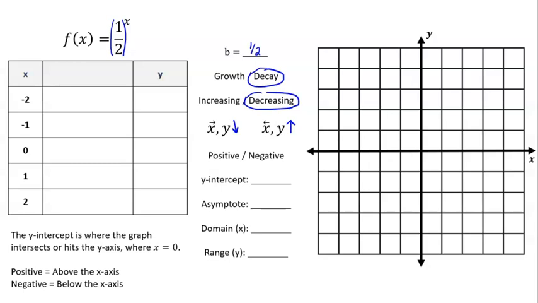And then let's go ahead and start plugging this into our calculator. So we have y equals 1/2 to the x. In your calculator, you're going to put parentheses 1 divided by 2, and then hit that y to the x button, and then put your -2.